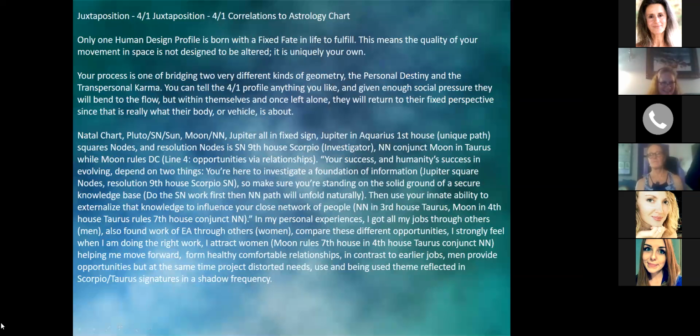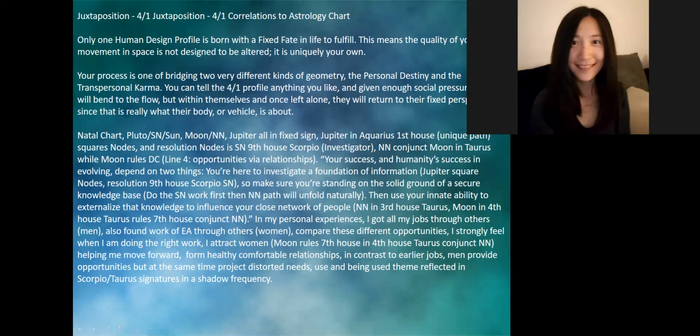Yeah, so this whole experience, I really feel the cross 4 and 1 because I do investigate the information a lot. So with this profile, I really like that I have the fixed fate because I feel I do evolve my consciousness, but I really don't like change.